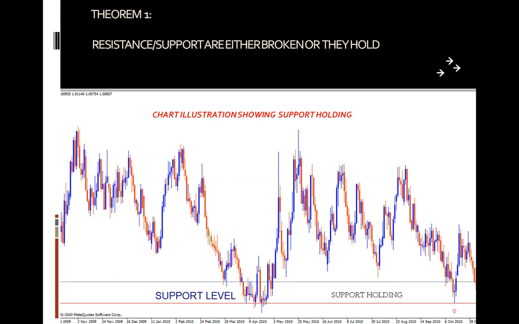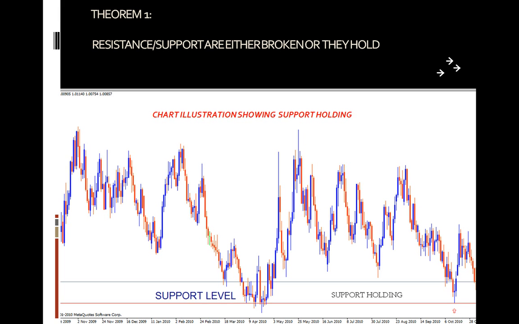Still theorem 1. At this point we are looking at price action, price behavior at support level. Here we'll see the support level. Price starts moving down, and once it got to that support level, we can see that arrow, price was rejected and starts moving up.